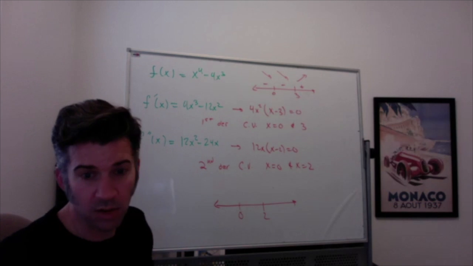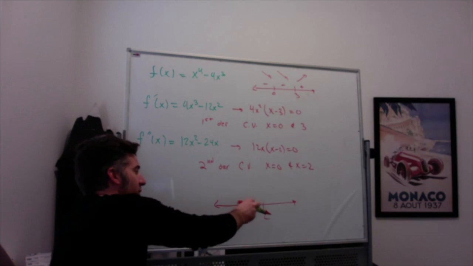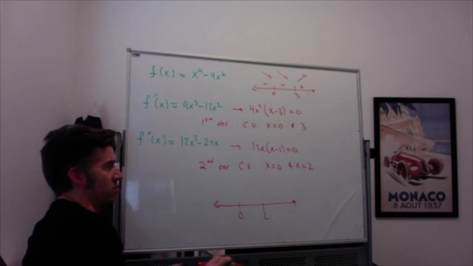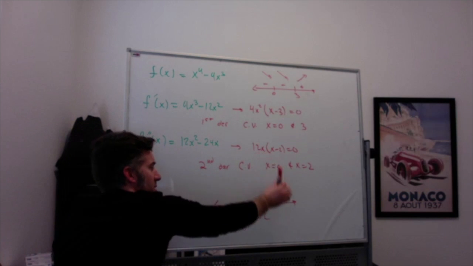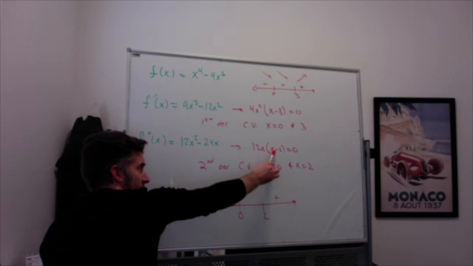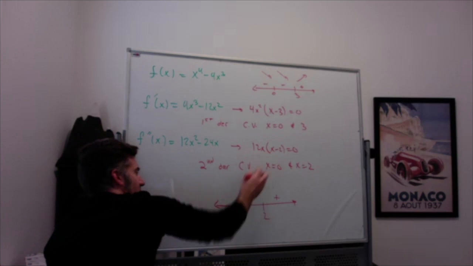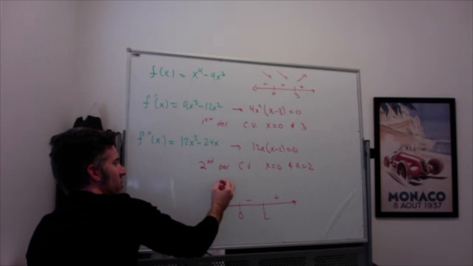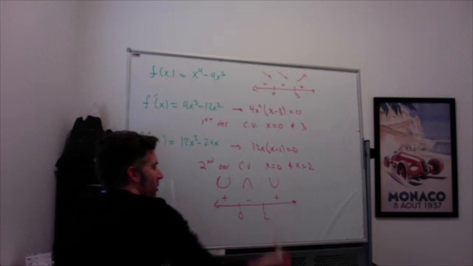If we have a number larger than 2 and we plug it into the second derivative, we get a positive times a positive. A number between 0 and 2, like 1, gives positive times a negative. A number less than 0, like -1, gives a negative times a negative. So this function is indeed concave up, concave down, concave up.